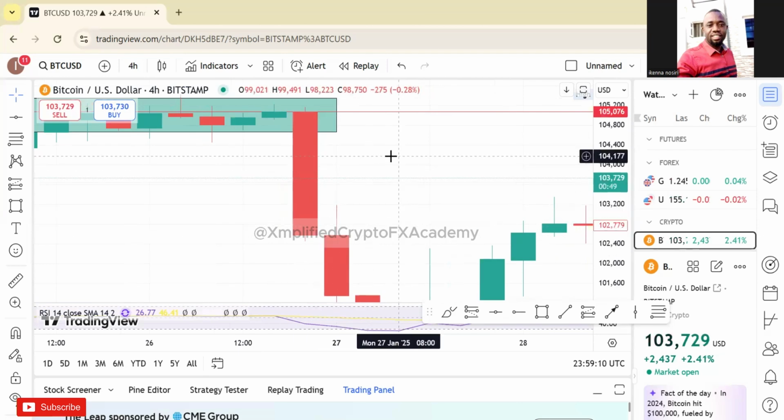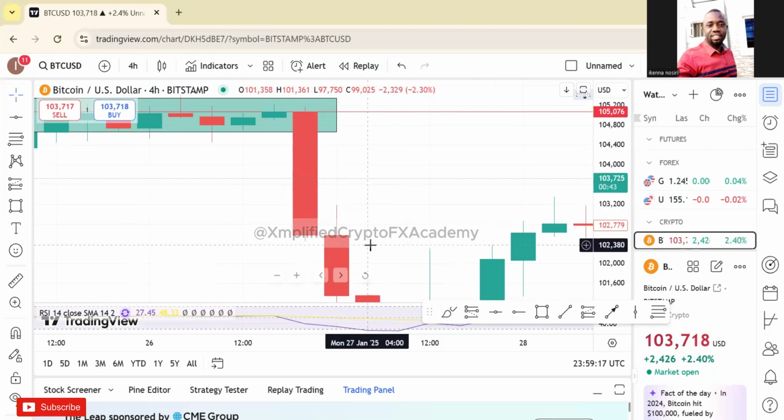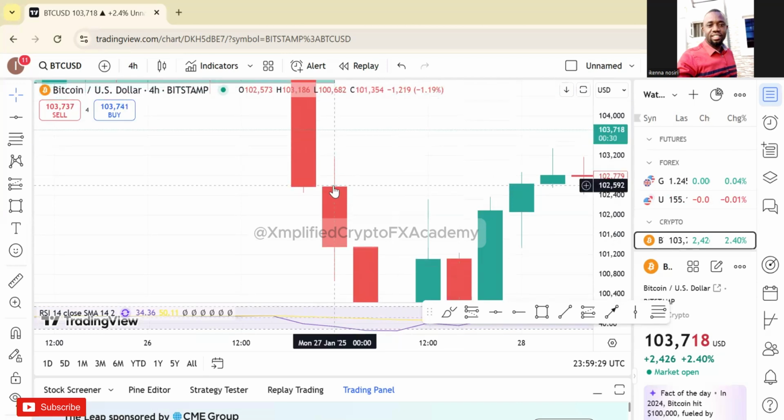Now, let's just focus on the opening and the closing. Let's not look too much at the wicks, the highs and the lows there. So the market opened here at this price, and after the end of 4 hours, it closed at this point. That is closing lower than the price it opened, giving us a sign that people are selling it off.